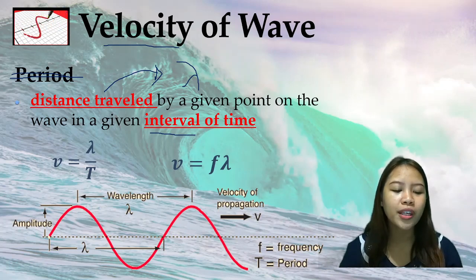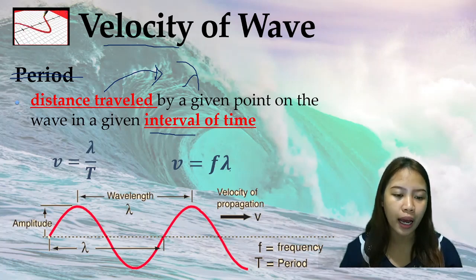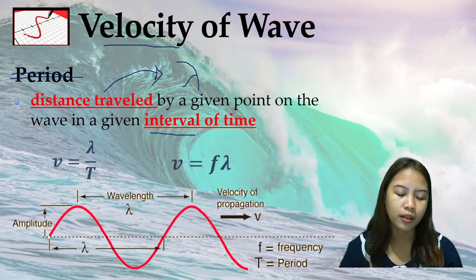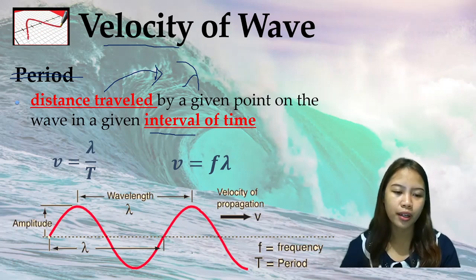Or we can have V is equal to frequency times lambda. Okay. So, remember the two equations. And also, we have here the illustration. This is for the wavelength, the amplitude, and of course, the propagation of the wave. So, assuming our wave is going to the right. Okay. So, there it is.